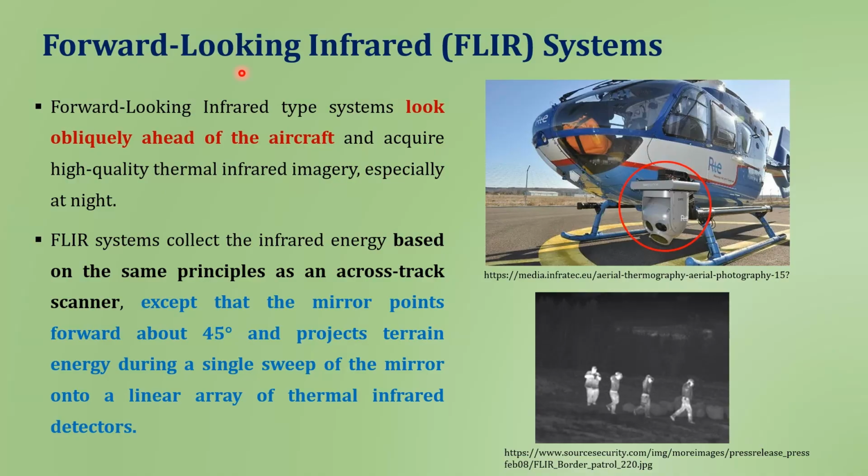This forward looking infrared system collects the infrared energy based on the same principle as an across track scanner, but there are two basic differences. First, the scan mirror points forward about 45 degrees, and second, it projects the terrain energy during a single sweep of the mirror onto a linear array of thermal infrared detectors.